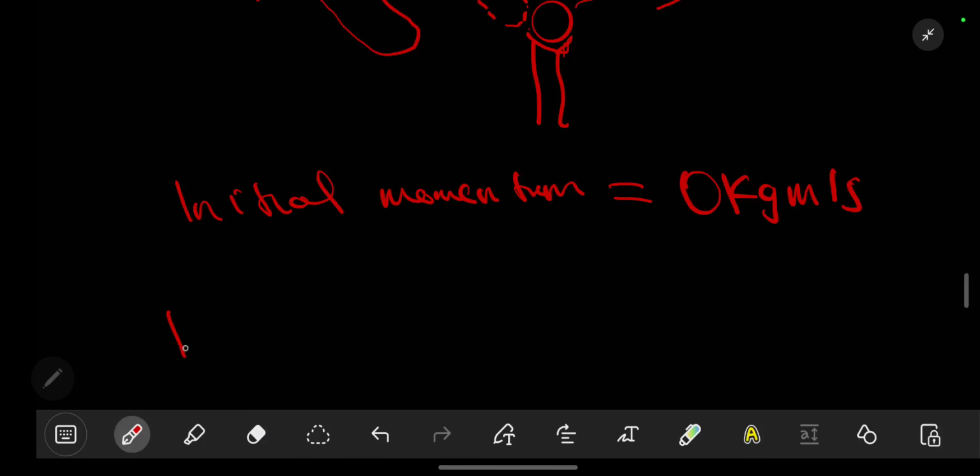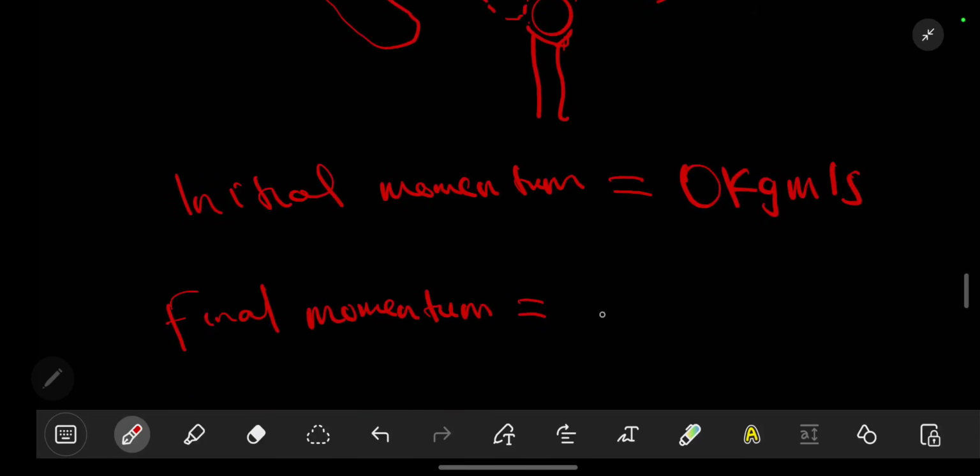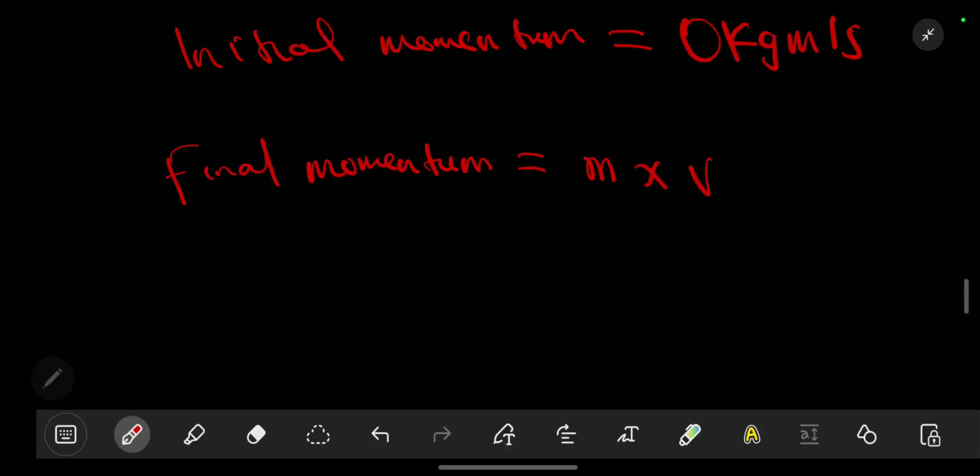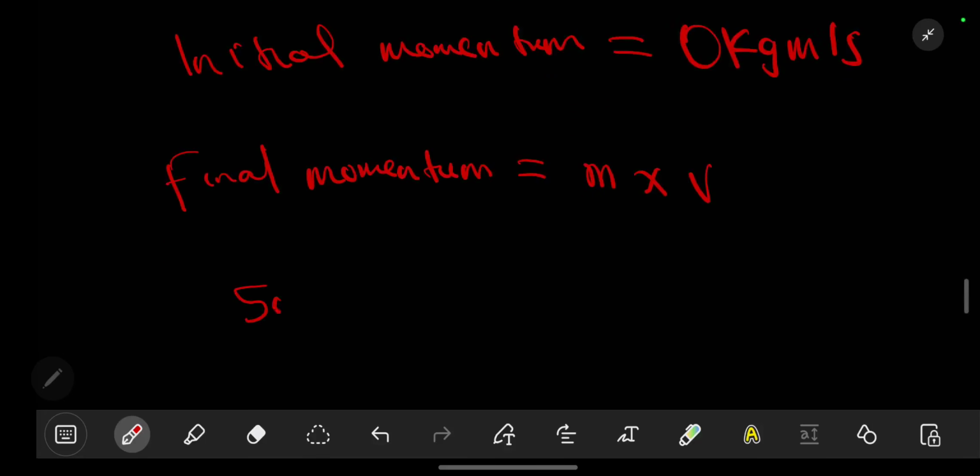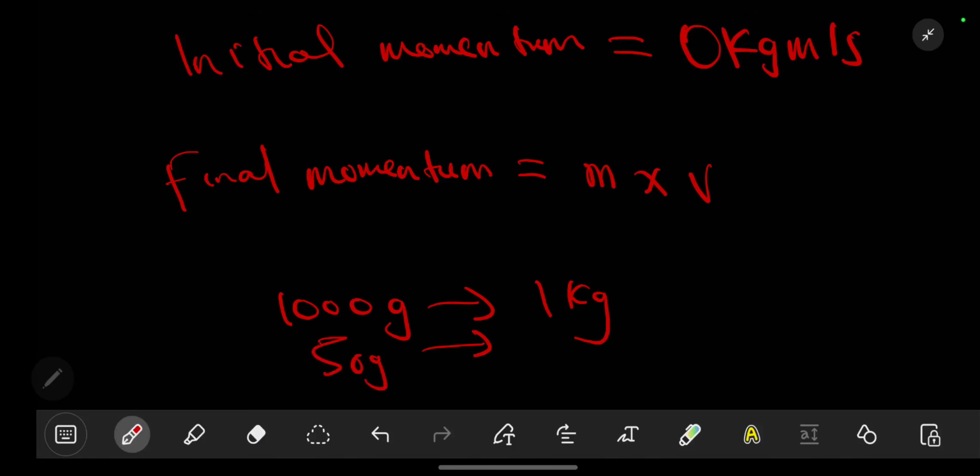Then the final momentum is the product of the mass times the velocity. The mass has to be in kg, so let's convert 50 grams. You can do what you are used to: 1000 grams is equal to 1 kg, so how about 50 grams?